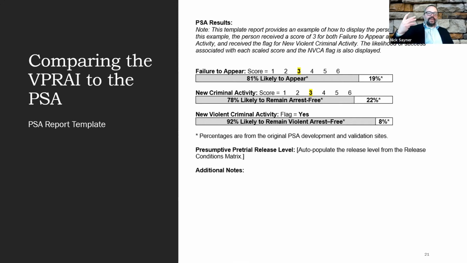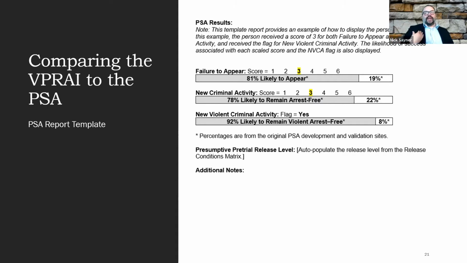The thing that I love about this template is it really highlights how judicial officials need to contemplate or consider release and detention decisions. So you'll notice in the failure to appear and new criminal activity, it has the 1 through 6 like we talked about earlier, and it highlights the number that this individual scored.